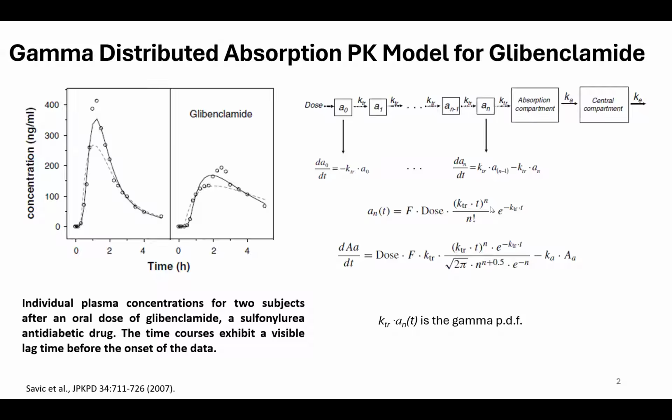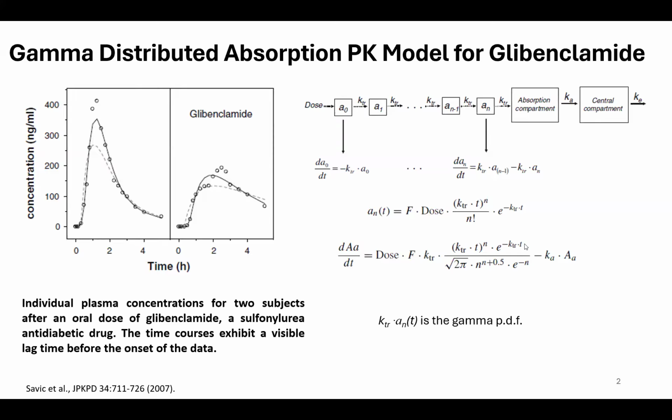To estimate that number, at that point, because they couldn't calculate a factorial for real numbers, they made this Stirling approximation, and they used n as a parameter in the model, and actually estimated the number of compartments. So that was the purpose.